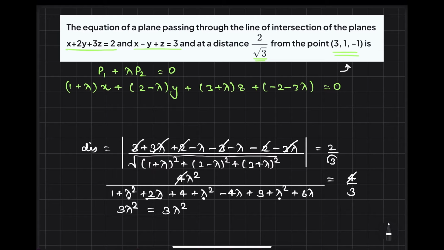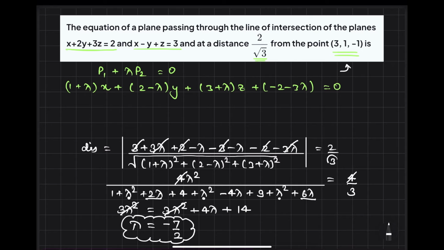Then 2 lambda, 6 lambda is 8 lambda, 8 lambda minus 4 lambda is 4 lambda. Then we have constant 1, 4, 5, 5 and 9 is 14. Done. This thing gone. So the value of lambda becomes minus 7 by 2. So this is your lambda.